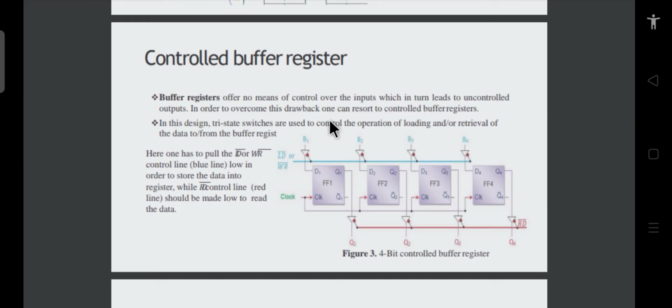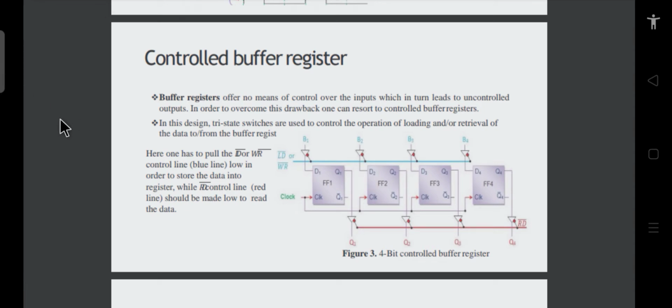Now, this buffer register is easy to understand, which is why we have discussed it very fast, but it is difficult to construct, because you are directly connecting the inputs to the flip-flops and directly connecting the clock, so the simultaneous occurrence is very difficult. So rather than talking about direct buffer registers, we talk about controlled buffer registers. What are these controlled buffer registers?